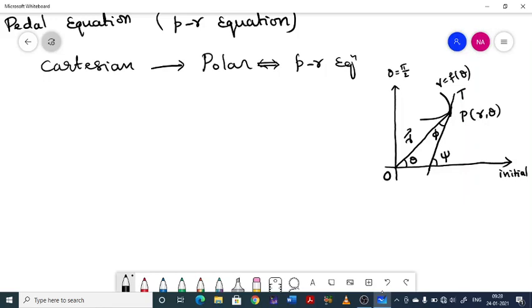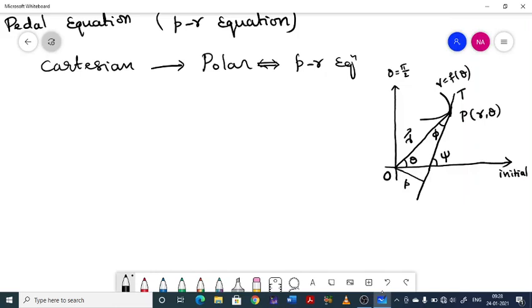Now we'll extend the tangent line. I'll draw a line from the pole that is perpendicular to the tangent line. The length of the line from the pole O to the tangent is called p. So this is r and this is p.